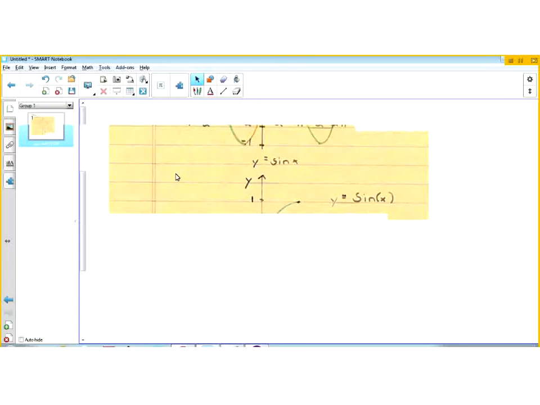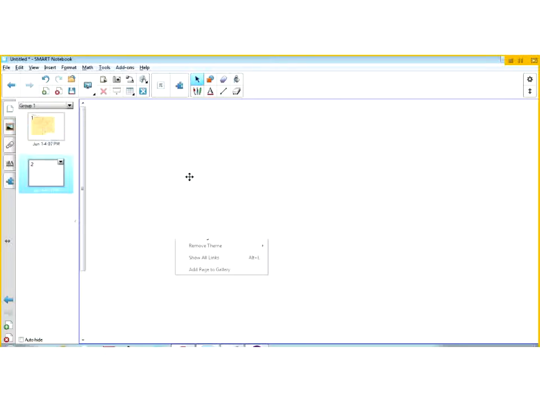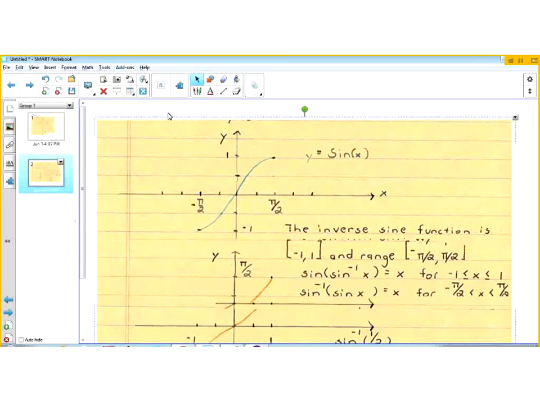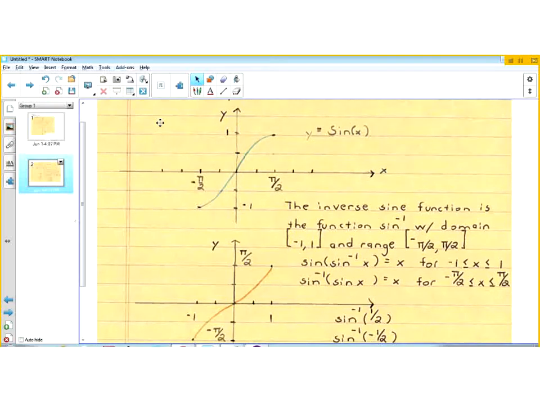So let me copy something and paste it into the next slide. Again, the blue curve is the principal sine function, and the orange curve now is the inverse of the principal sine. It's written as sine inverse of x. As you can see, we flip the domain and the range.